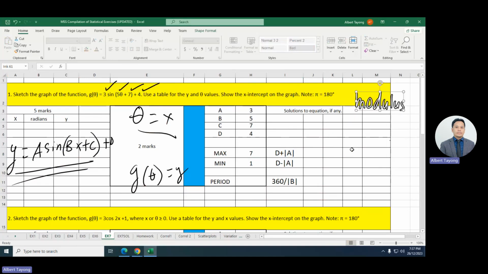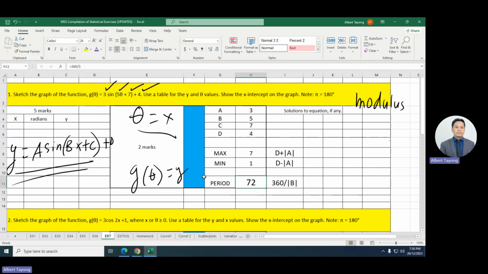Okay, so the period equals 360 over 5. If 5 is negative 5, it should be positive 5. Equals 360 over 5, our B. As I said, if B is negative, you have to use the positive.